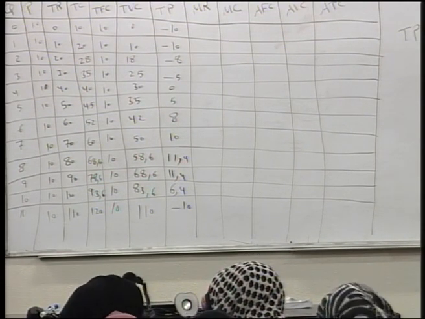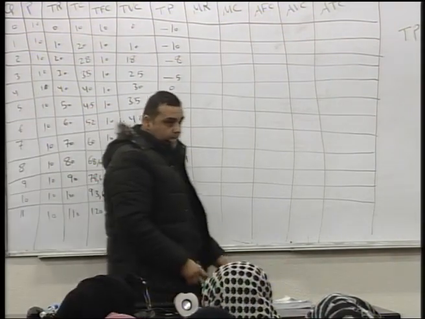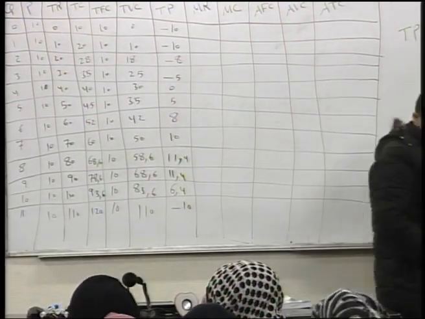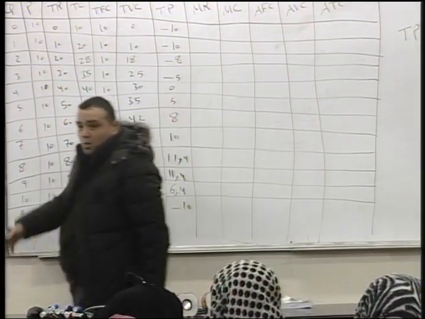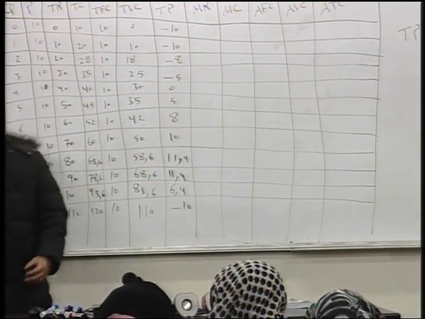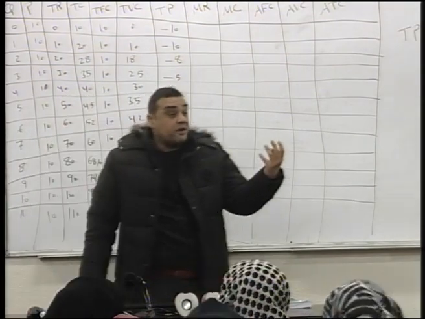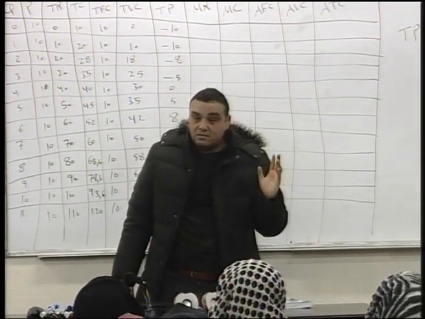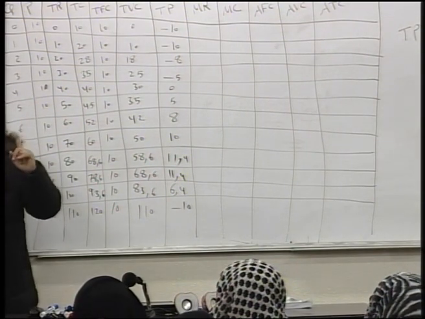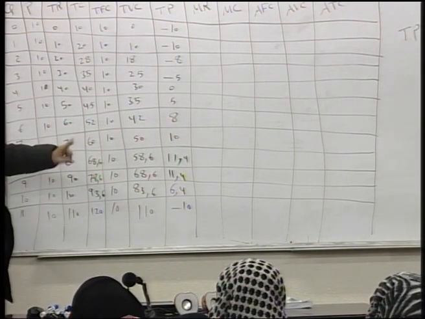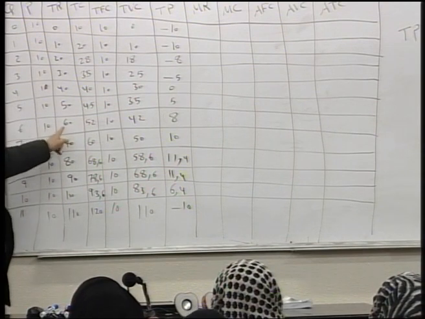From this data here, where is the break-even point? The break-even point is achieved when total revenue equals total cost.